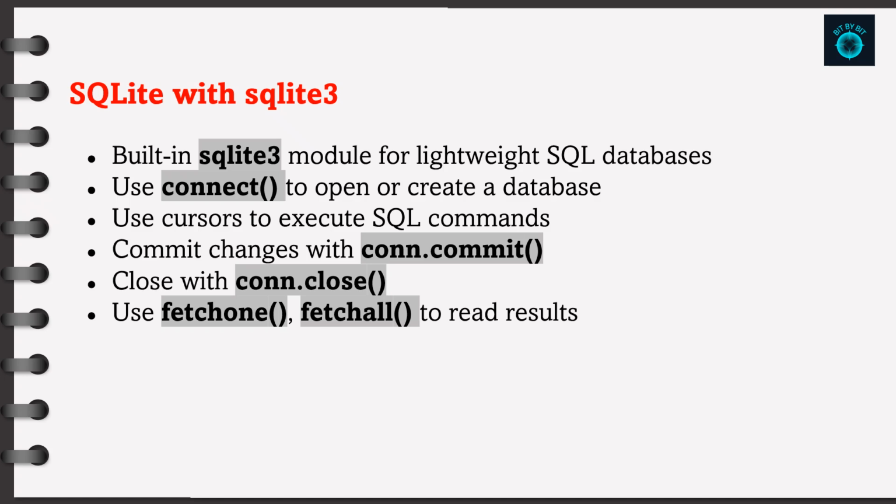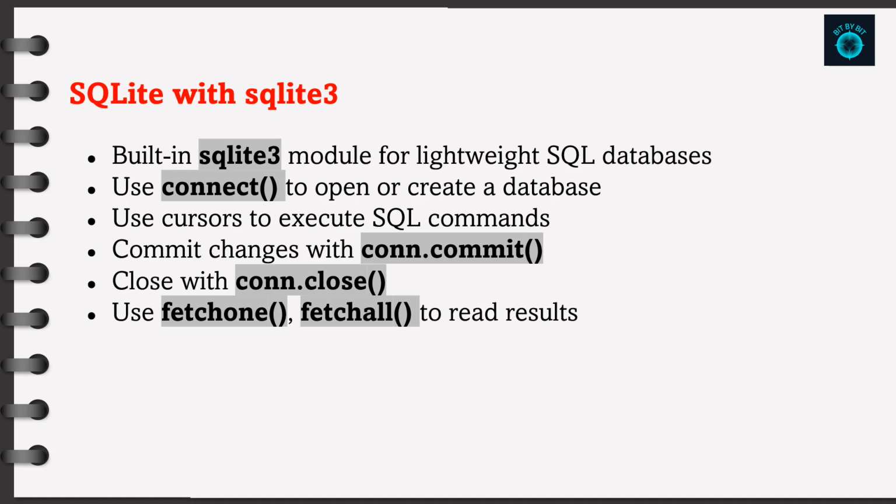First, use connect to open or create a database file. Then, create a cursor object using con.cursor. The cursor is used to execute SQL commands, like creating tables, inserting data, or querying records. After executing write operations, use con.commit to save changes to the file.